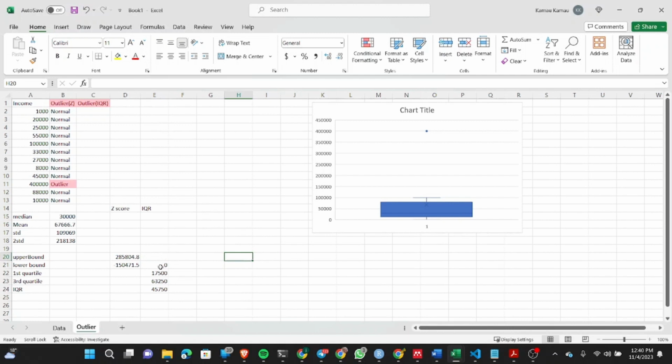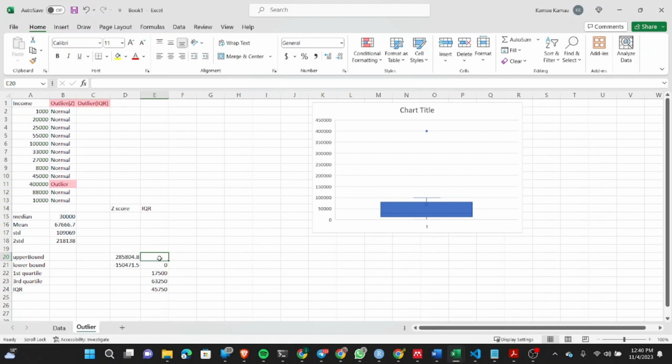Now, here what we want to do is to calculate the upper bound. So the upper bound is the 75th percentile plus this IQR multiplied by a threshold. We want to approximate this part now from the 75th percentile.